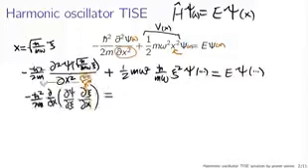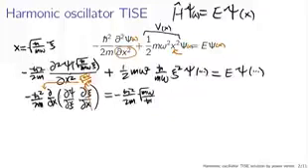It's a constant, doesn't contribute anything. Minus h bar squared over 2m times our constant, root m omega over h bar, times partial derivative again with respect to x. But now I'm taking the partial derivative of psi with respect to xi.